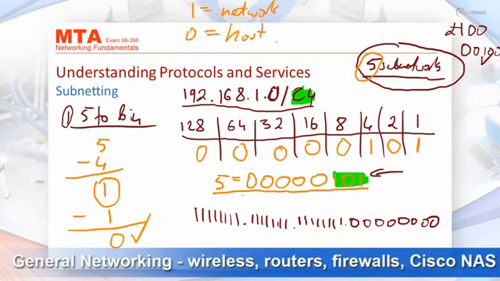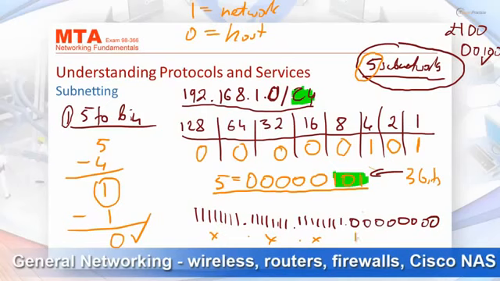It means you're not allowed to touch the first 3 octets. They're not going to change. Now you have to take 3 bits from the last octet, because it's the only place that is available for you.